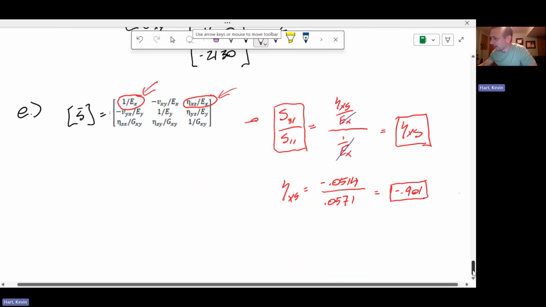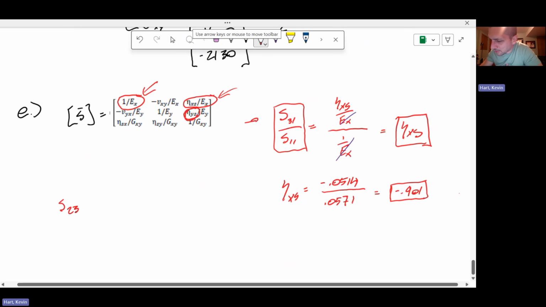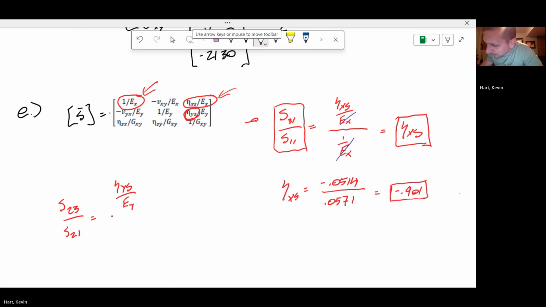You can do something similar for eta YS and understand that the S23 entry divided by the S22 entry is eta YS on EY divided by 1 on EY.